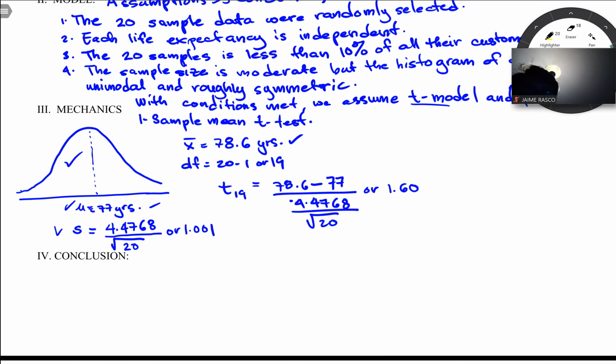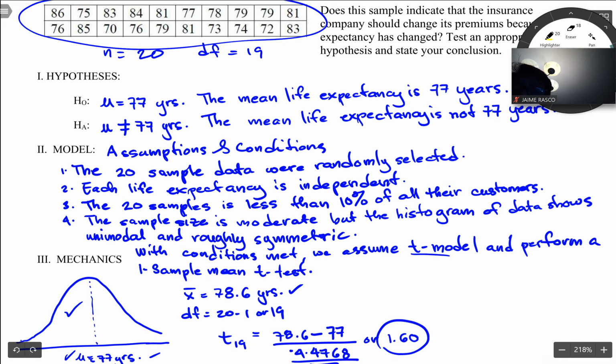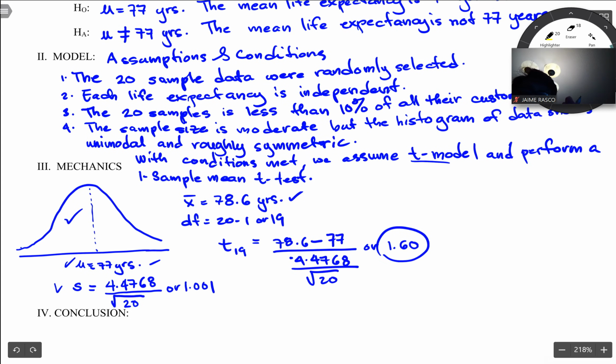And this is the two-tailed test now. Okay, so our t-score is 1.6, but remember, we don't have any direction. It's just saying not equal to 77, meaning it could be less or it could be greater.